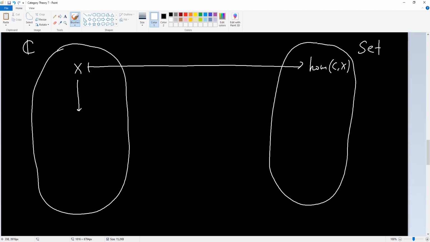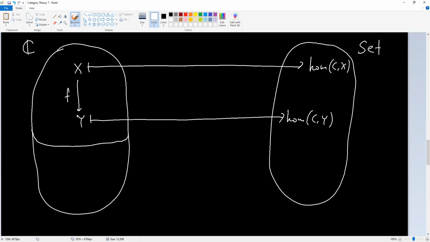And this way of thinking of X as a set extends to morphisms as well. We can think of morphisms as functions. And this whole thing is compatible with the structure of the category, with composition and with the identity morphisms.